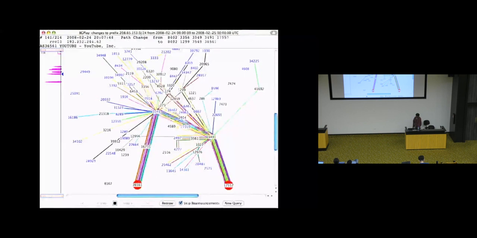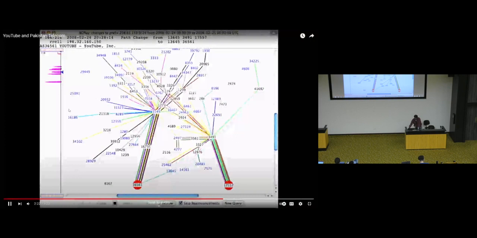Another 10 minutes later, around 2017 UTC, routing policy changes occur that move traffic for this route away from Pakistan Telecom's upstream PCCW AS3491.